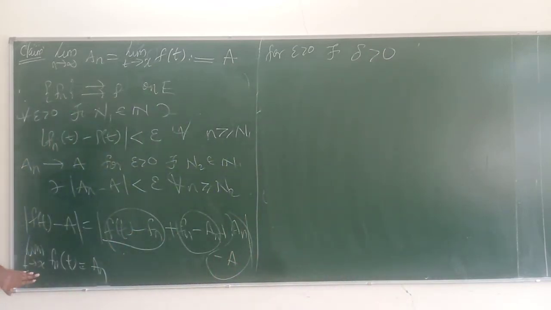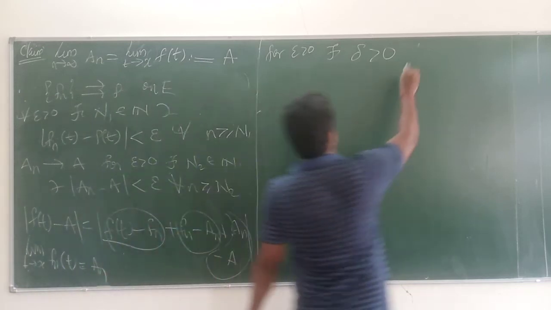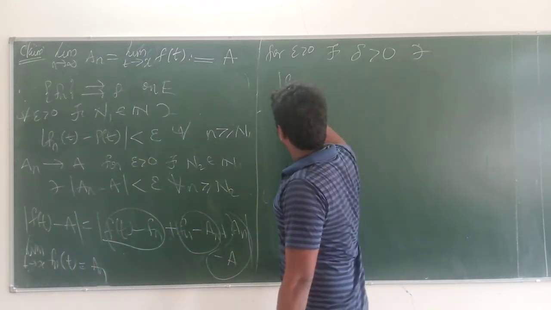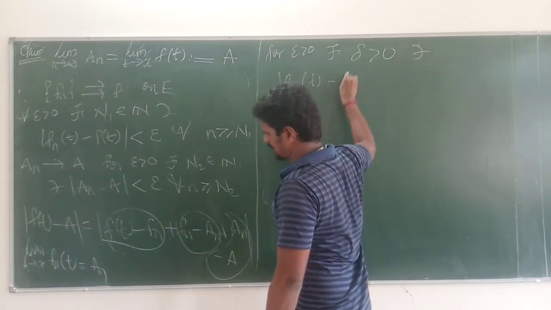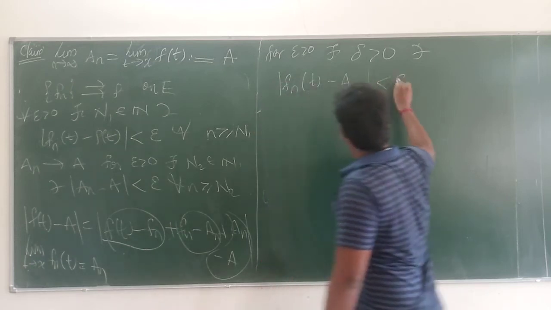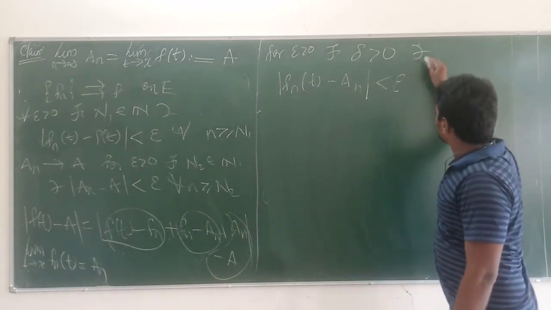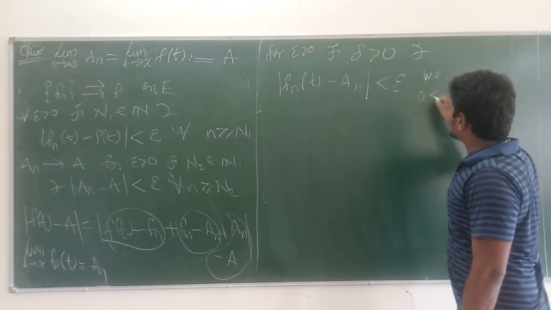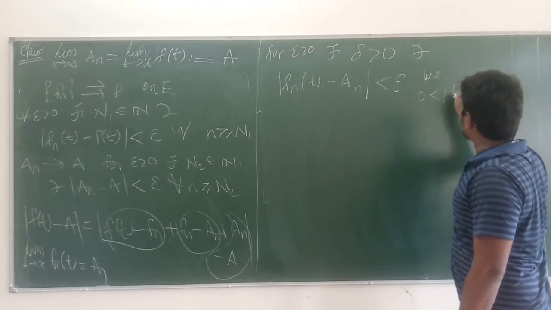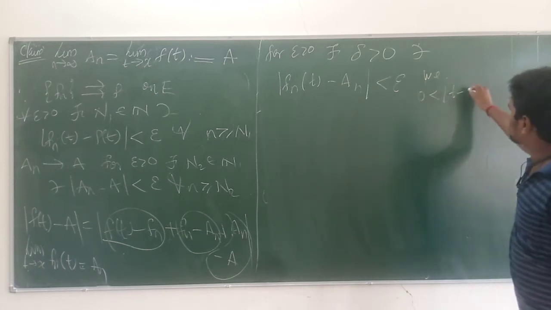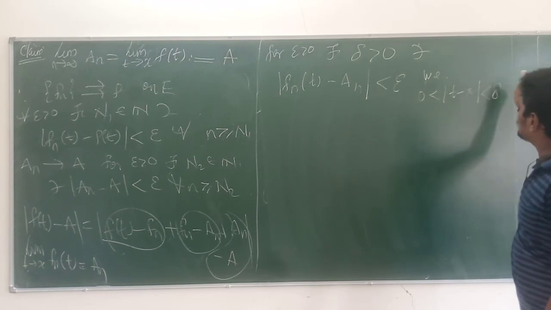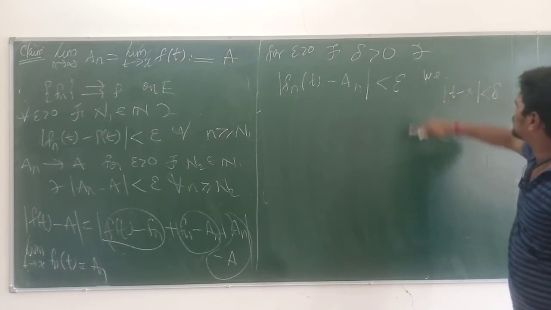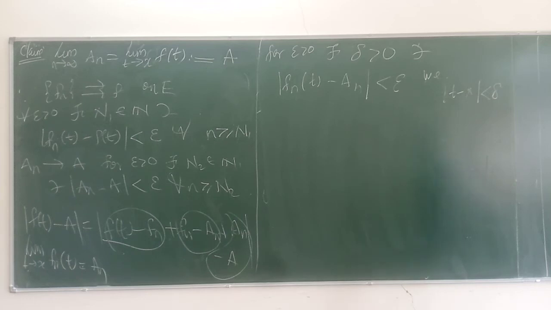Delta greater than 0 such that mod fn of t minus an is less than epsilon whenever 0 is less than mod t minus x is less than delta. Just this, t is not equal to x.